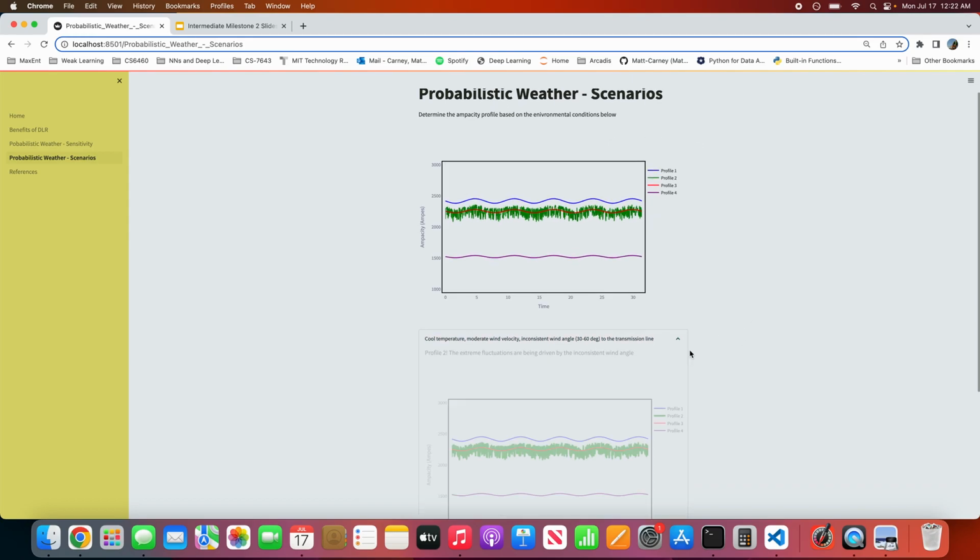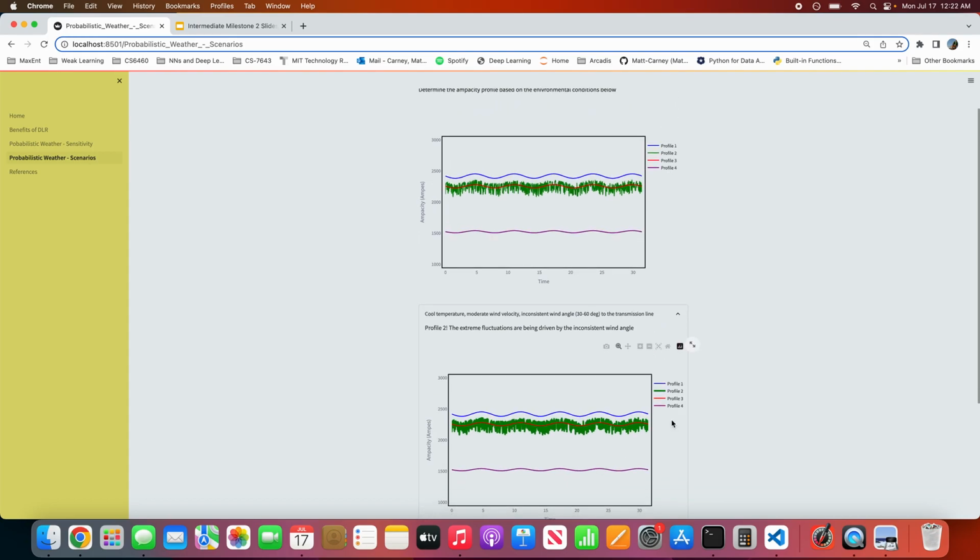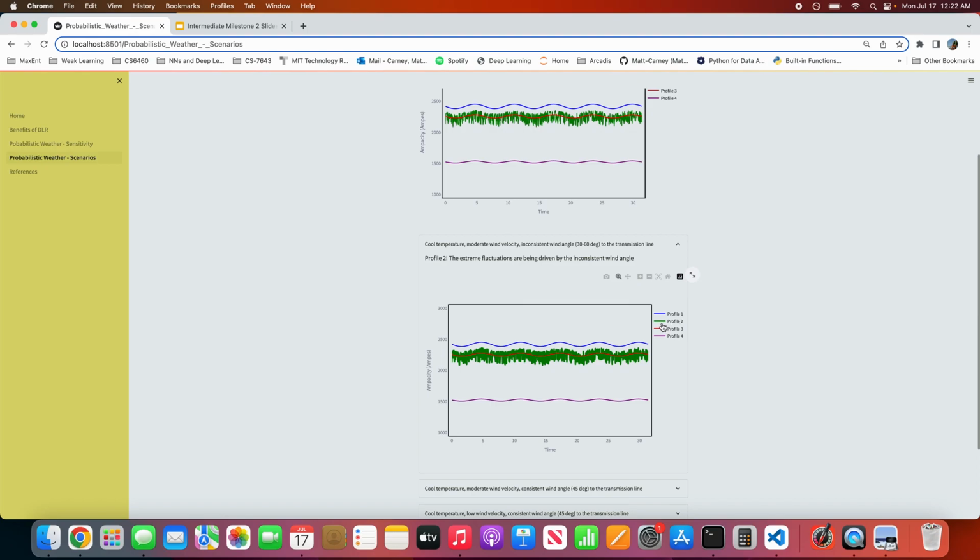So you get this drop down, a little bit of text. I'm going to beef this up a little bit, but right, profile 2, the extreme fluctuations being driven by the inconsistent wind angle. And then it's the same plot, but the correct profile is made a little bit more bold.